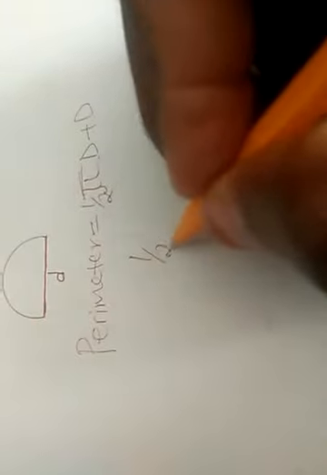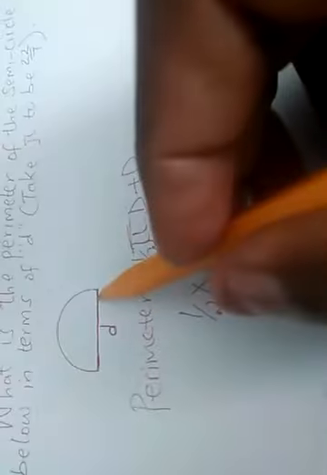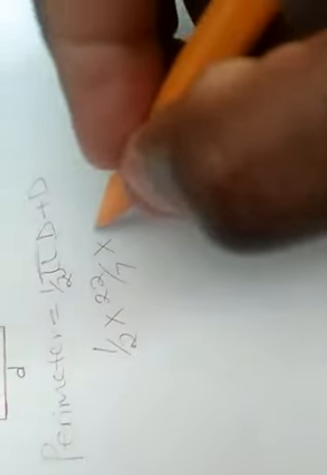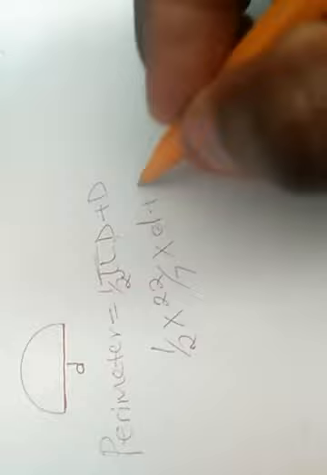Now you just substitute. Another word for substituting is replacing. So you are going to write a half multiplied by 22/7, since we have been told to use pi as 22/7, multiplied by the diameter, which is given as small d, then plus the diameter, which is small d.